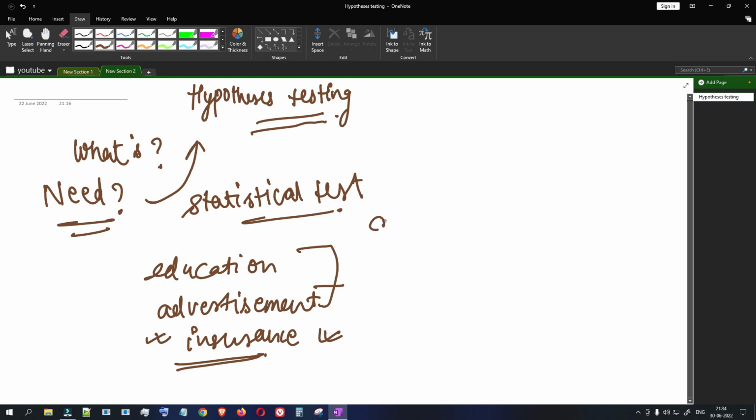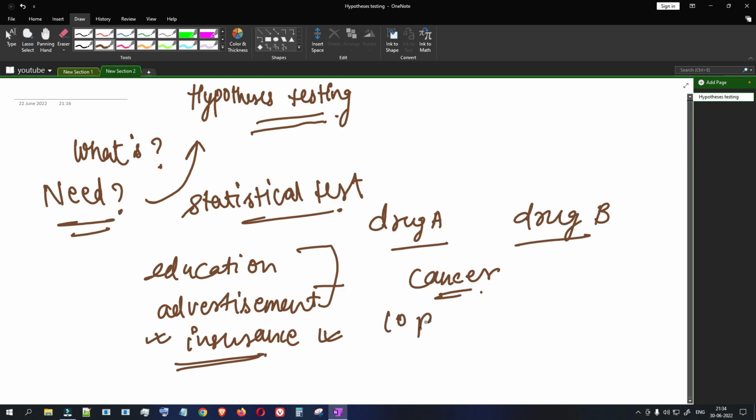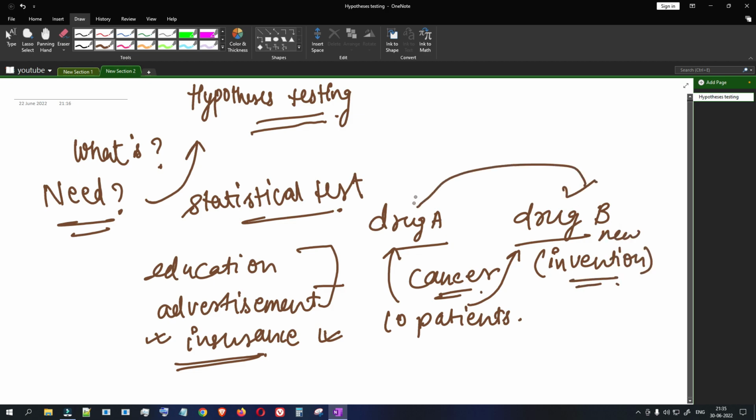So let's say we have two drugs, drug A and drug B, and by this I basically mean a medicine of some treatment, let's say cancer. So first of all, we have 10 patients and we are giving them drug A and drug B. Let's say that drug B is a new invention and we want to check if drug B is more effective than drug A or not, because if it is more effective then we would use this obviously.